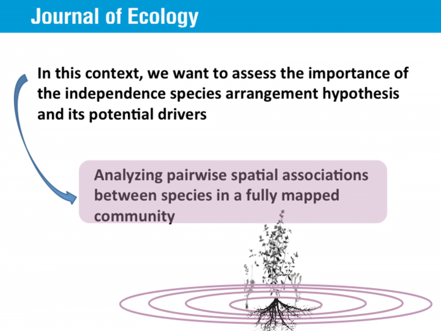To assess the importance of the independent species arrangement hypothesis, we employed spatial point pattern techniques together with specific new models that control the effects of environmental heterogeneity. So, we analyzed all the pairwise spatial associations between species in a fully mapped community to test whether spatially independent placement prevails between species.